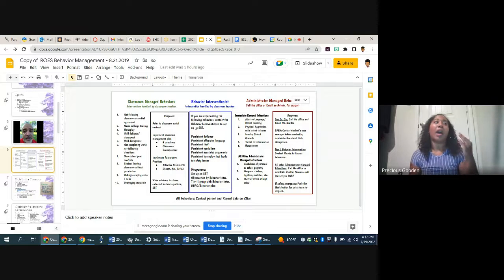So at the beginning of the school year, it's always important for teachers to develop a social contract with the students. I like to do it first thing, at least the first week of school. Get together with your students. This is something that you and your students should develop together, not just the teacher, because if the teacher creates these rules, these are just your rules.